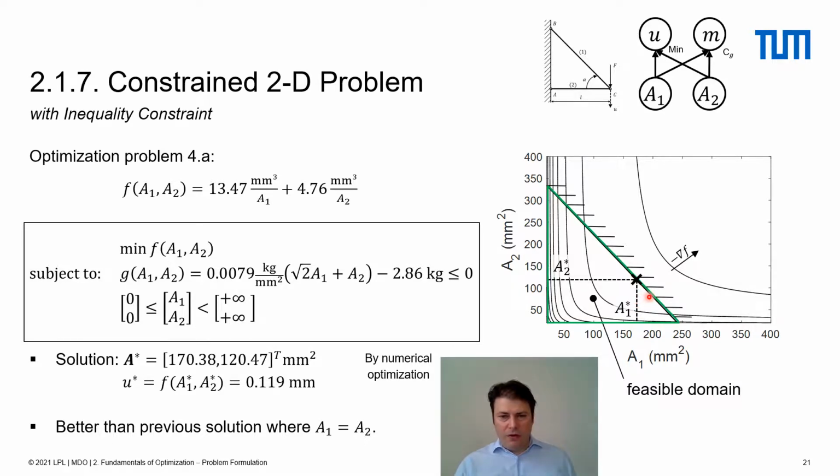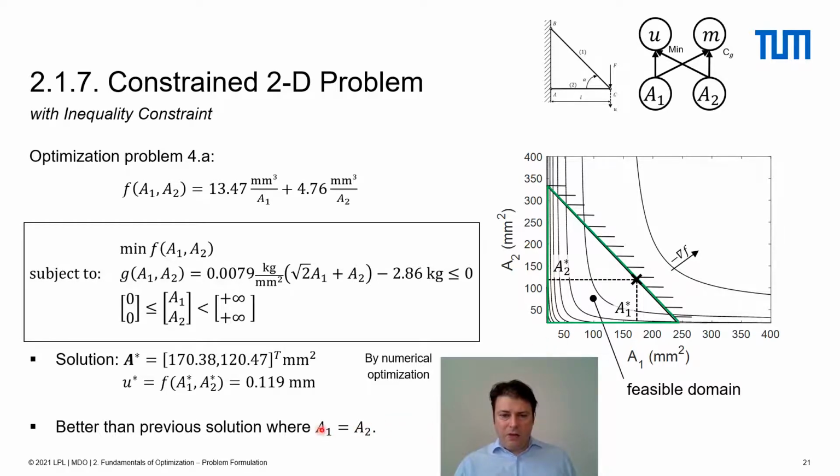And what is also interesting is that now the total displacement is less than what we obtained previously when we had only one design variable, because when you have more than one design variable, you can adjust more finely the location of your optimum.